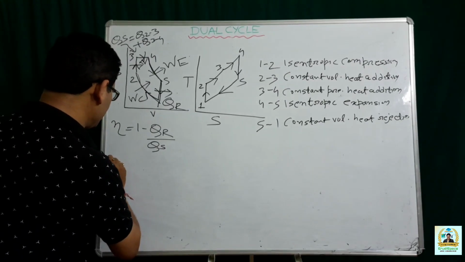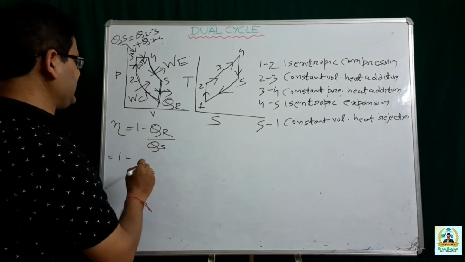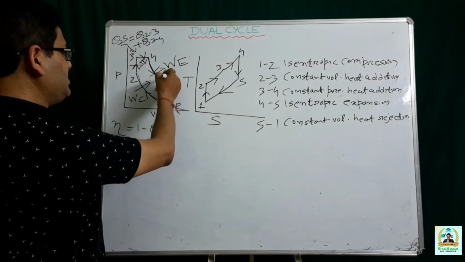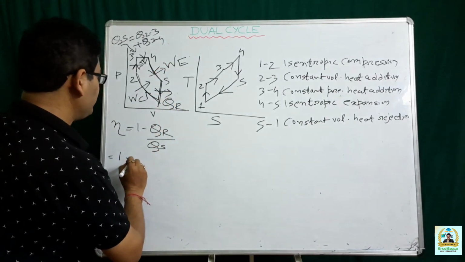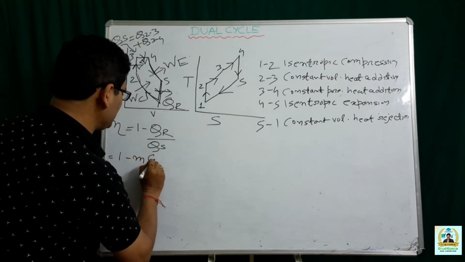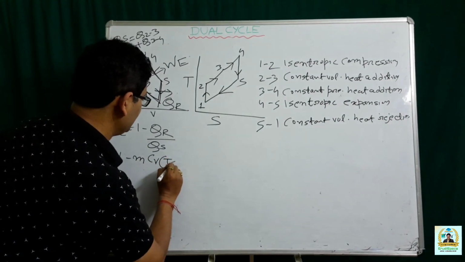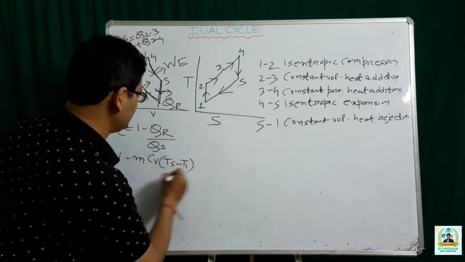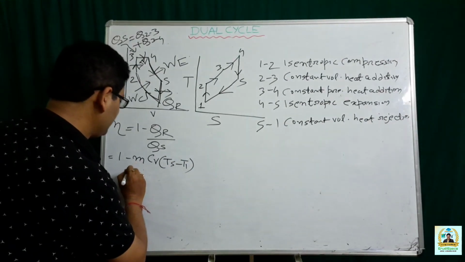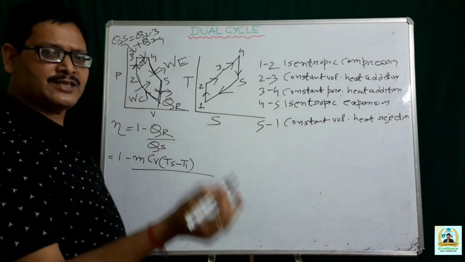So in this case, the heat rejected is during process 5-1 and this is mCv into the temperature difference, that is T5 minus T1, divided by the heat supplied.